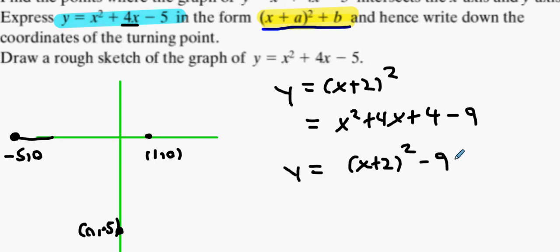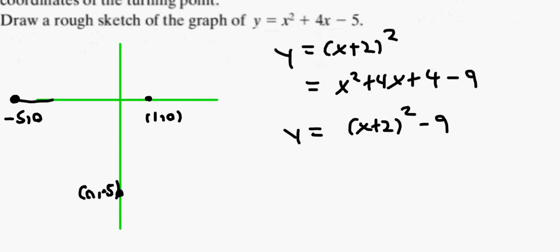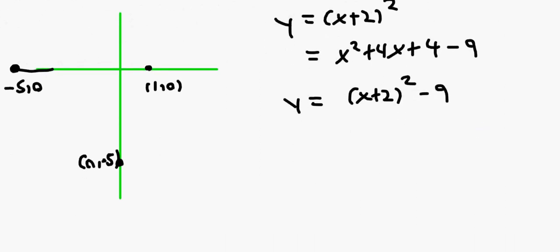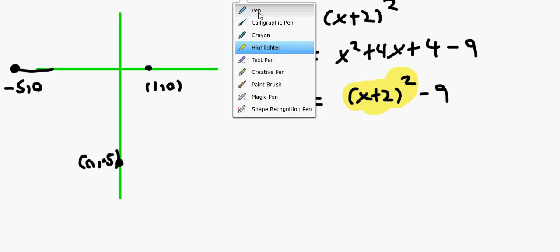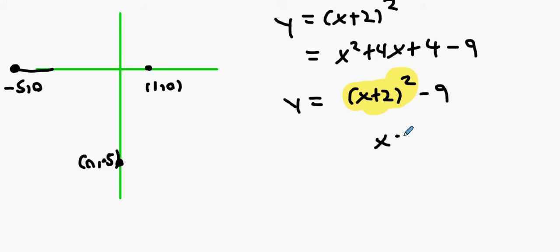Alright, next thing. What is the minimum value of this function? So this part here is always positive. Why is it always positive? It's a perfect square. So you need to turn it into 0 squared. And what happens when you turn it into 0 squared? What x value do you use? X equals negative 2.